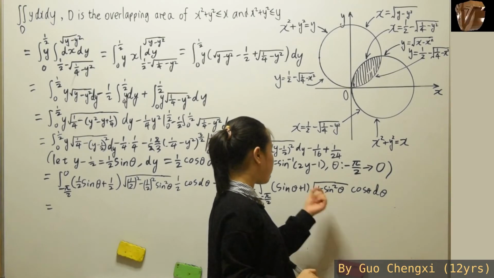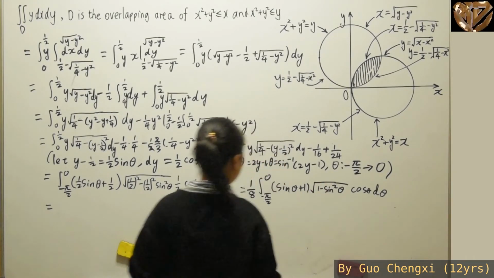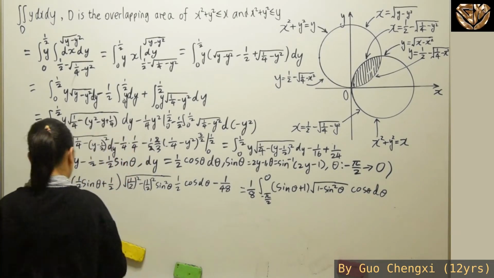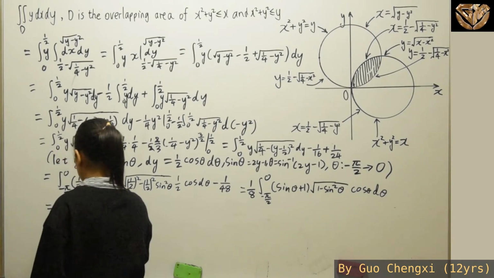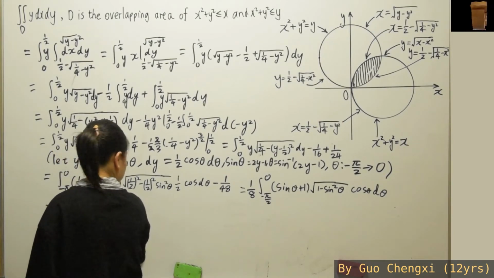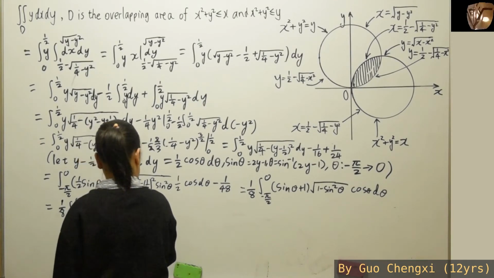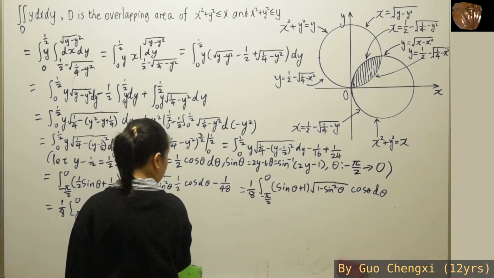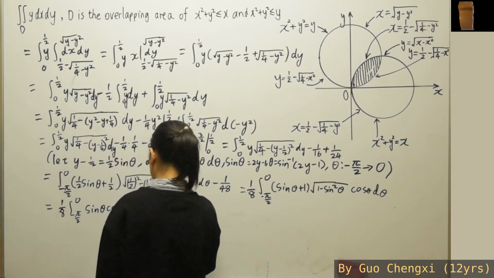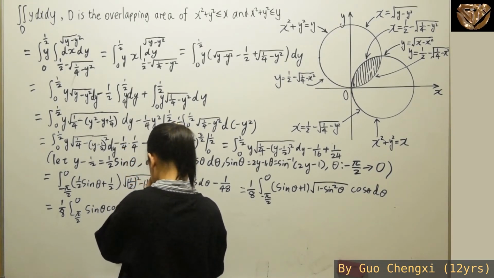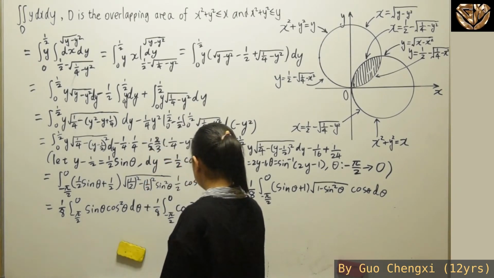So what you're going to have here is a cosine square theta, but since the square root is going to be cosine theta, when we separate this part, we're going to get a sine theta cosine square theta d theta, and then plus 1 over 8 cosine square theta d theta.